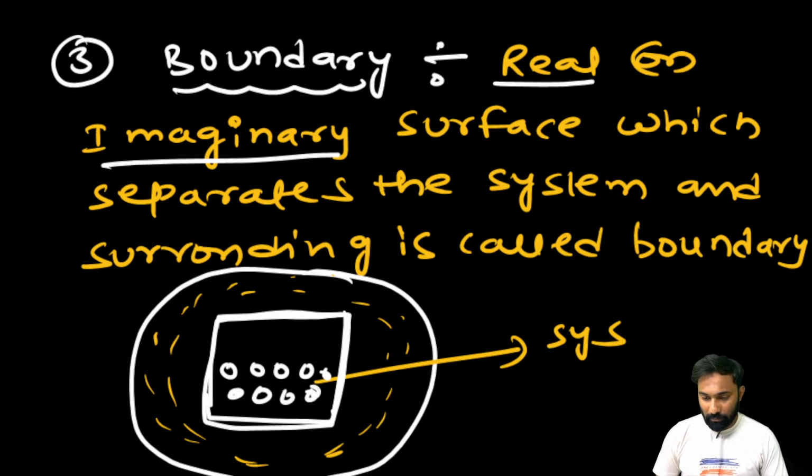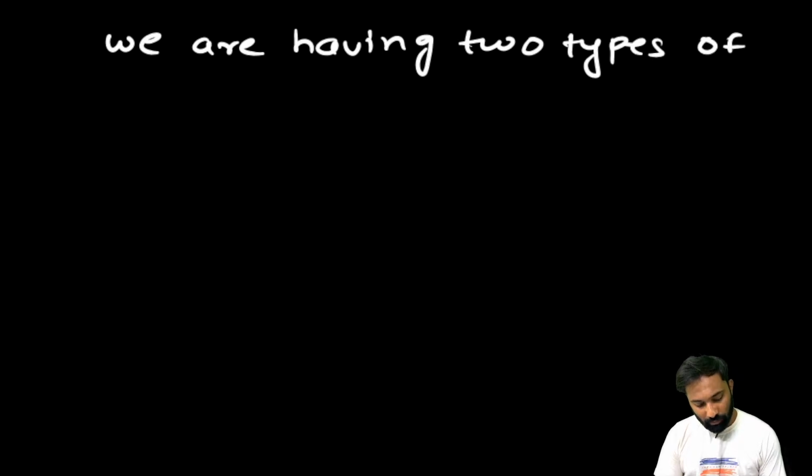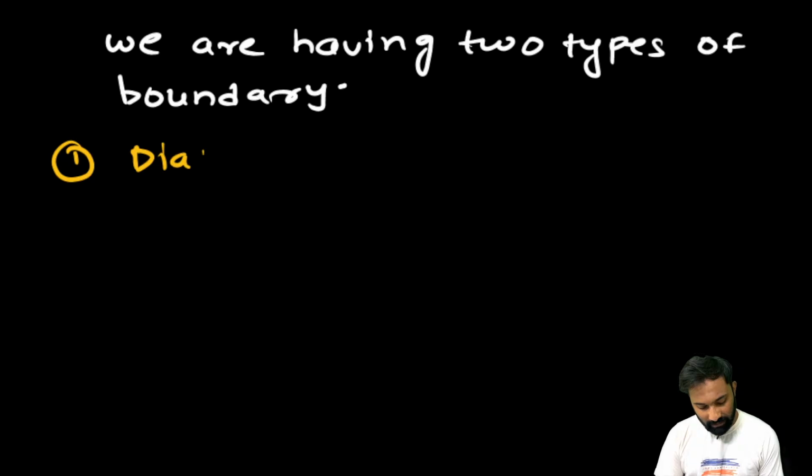Clear? Now, in our thermodynamics we are having two types of boundaries. What are the two types of boundaries we are having? The first one is a diathermic wall, we can say, a diathermic boundary.